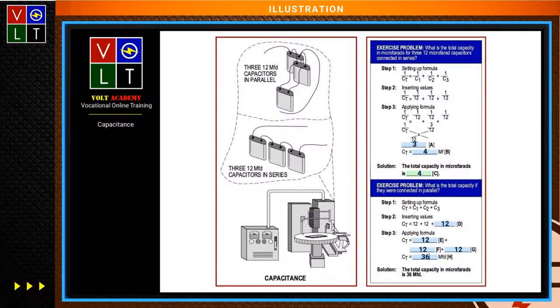Now, when you look at a capacitor, at times it's also known as what? A condenser. It temporarily stores an electrical charge and consists of two metal plates separated and insulated from each other by using what? Dielectric material. And what is dielectric material?